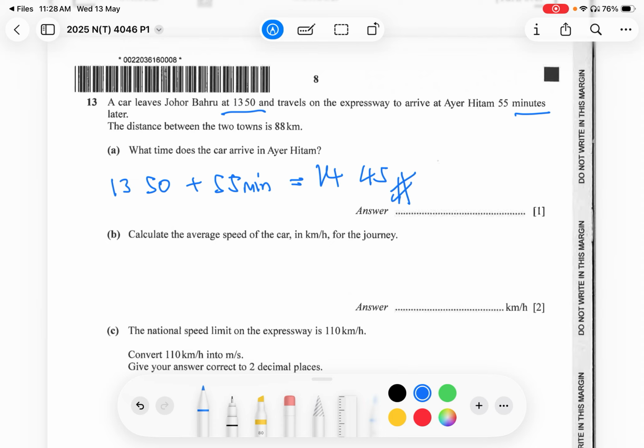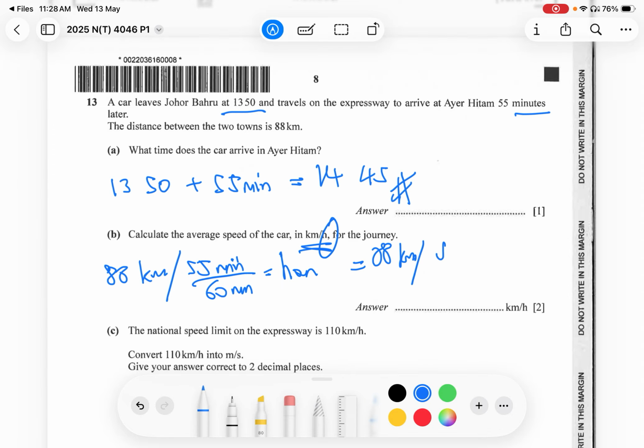Find the average speed of the car in km per hour. So total distance over total time. Total time is 55 minutes, but they want hours. I change to hours. Minutes change to hours by dividing by 60. So technically it's 88 km in 55 over 60 hour.